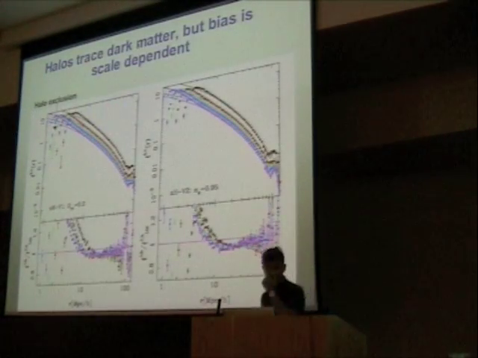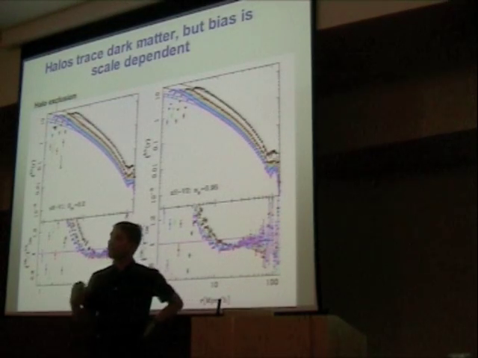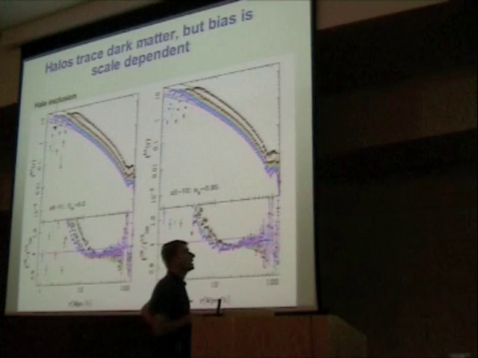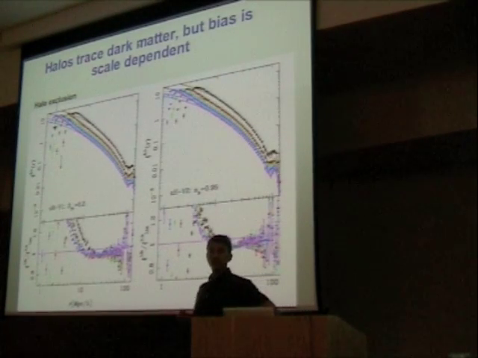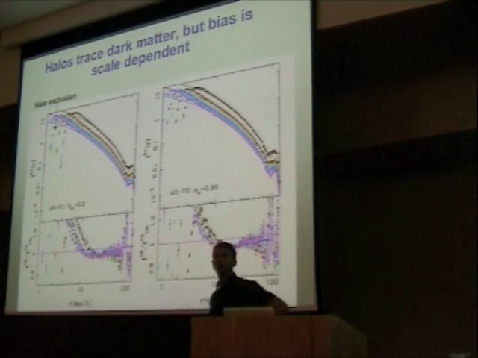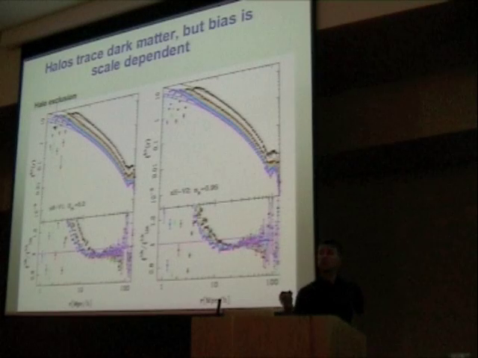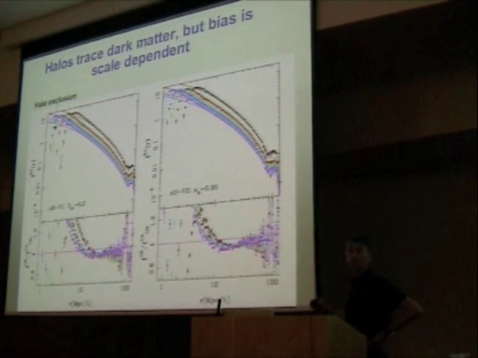All right, so let me talk about theory first. When we look at the relation between galaxies and dark matter, we know that galaxies trace dark matter on large scales, but even on large scales we do not know what the amplitude of the relation is, the so-called bias problem.